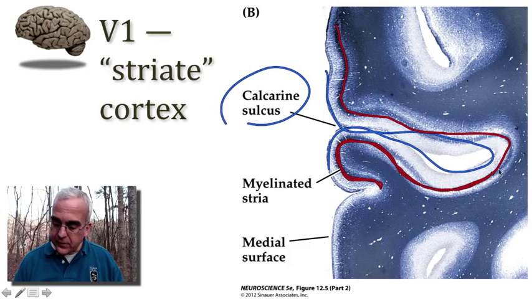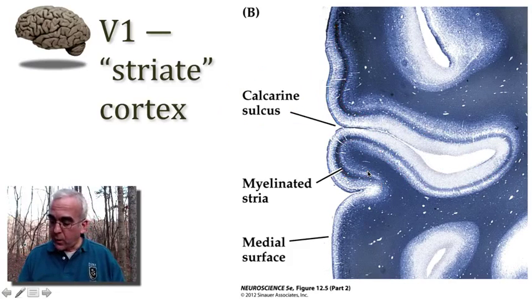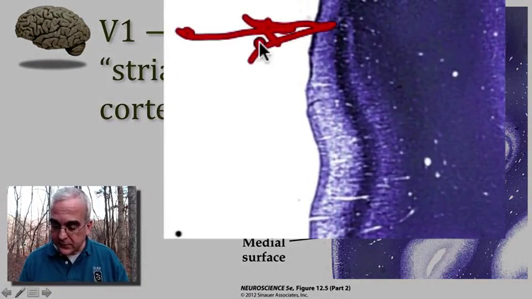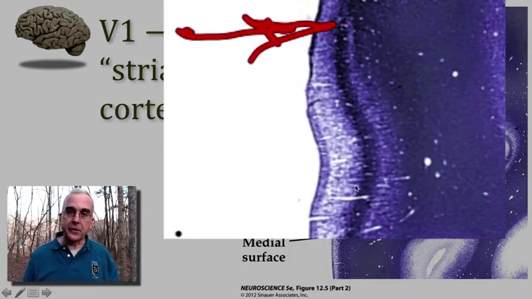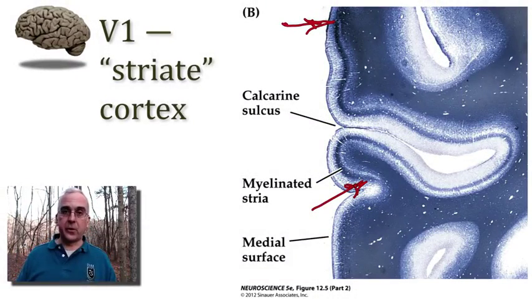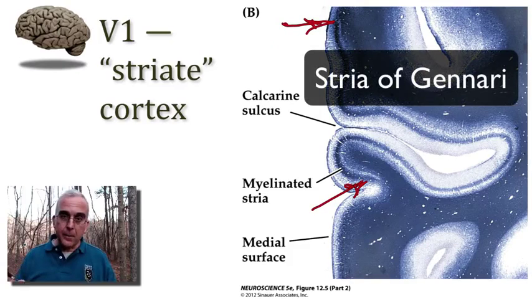One feature of this band that is especially striking is how clearly it defines a region of cortex here. One can recognize exactly where this band has its terminations. The early anatomists, such as Campbell and Brodmann, looked at this part of the cortex and concluded that the presence of this stripe, which is called the stria of Gennari, must signify that there's something distinct about this bit of the cerebral cortex.